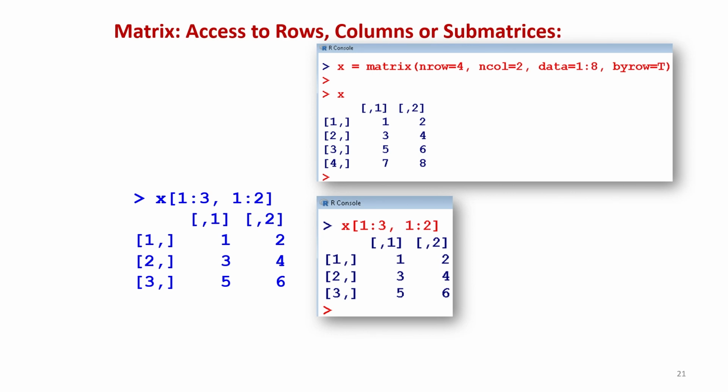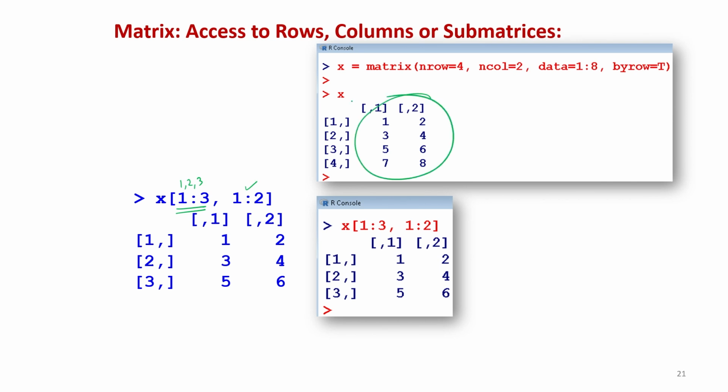Submatrices mean you want to extract the information on a certain number of rows and a certain number of columns from this matrix. So suppose for example, I take the row numbers 1, 2 and 3, which is indicated by 1 colon 3, and column numbers 1 and 2. And I have the same matrix X here.